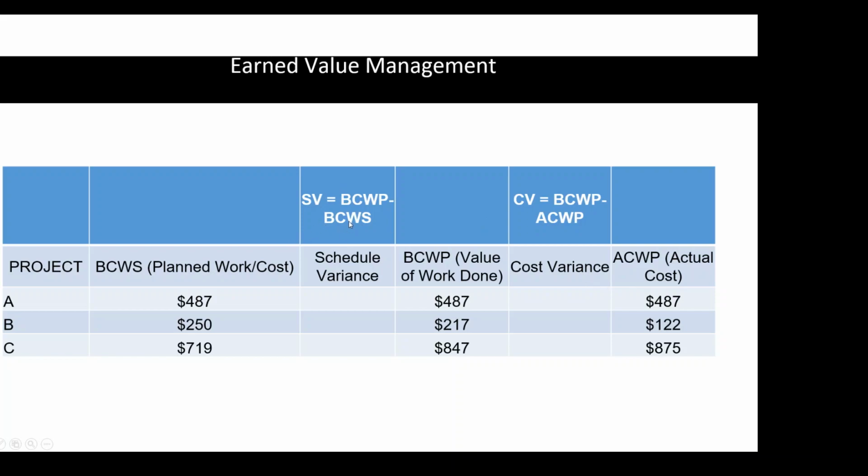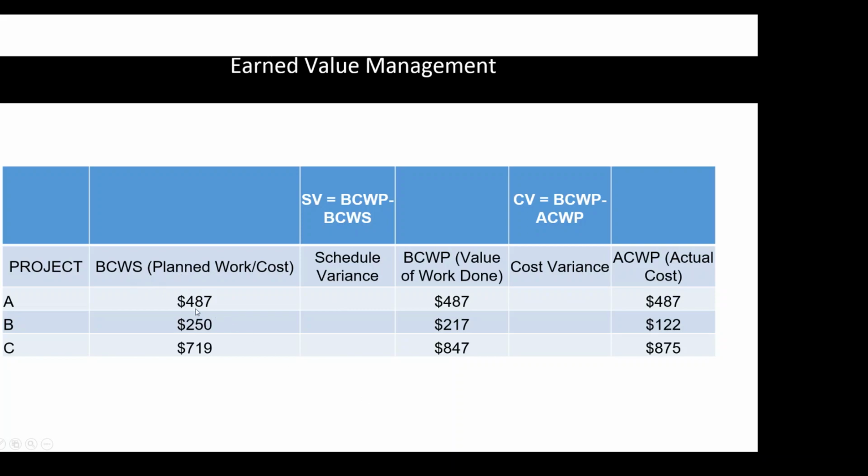So let's do it separate. Like I mentioned when I did the slide itself, I talked about having two separate charts here. So really we look at this half. You see the formulas. It says schedule variance is the middle guy here, budgeted cost of work performed minus budgeted cost of work schedule will give me schedule variance. So what's the schedule variance for 487?